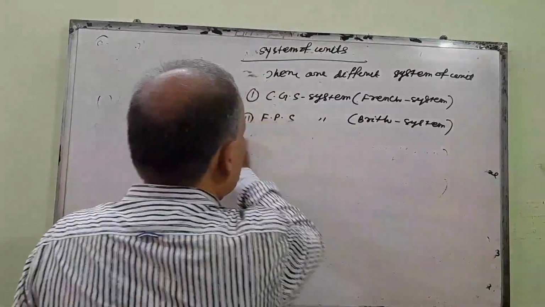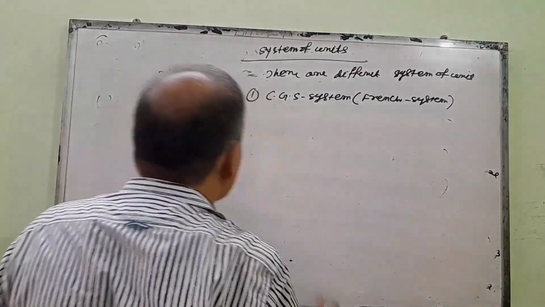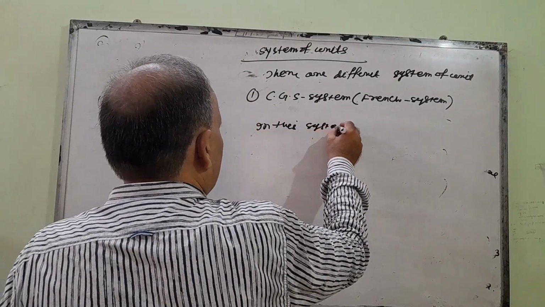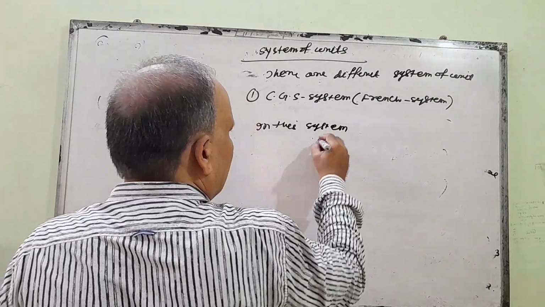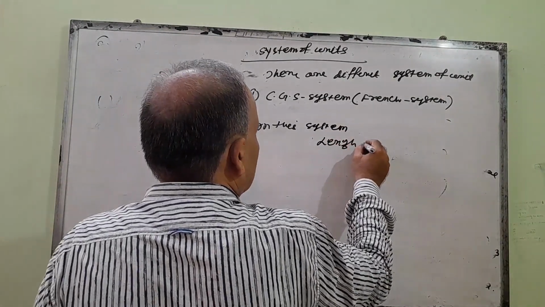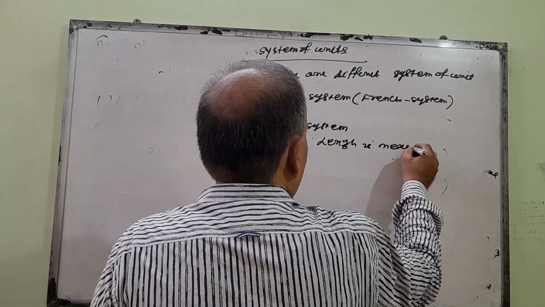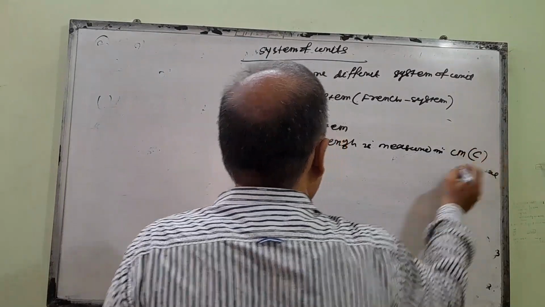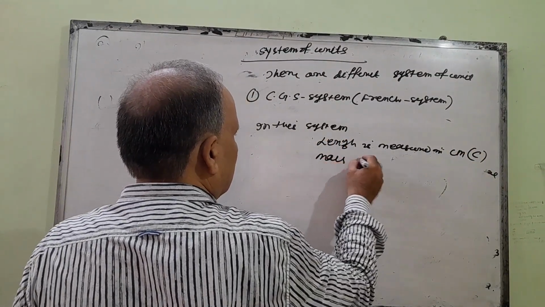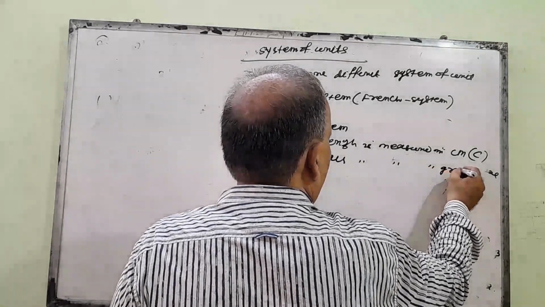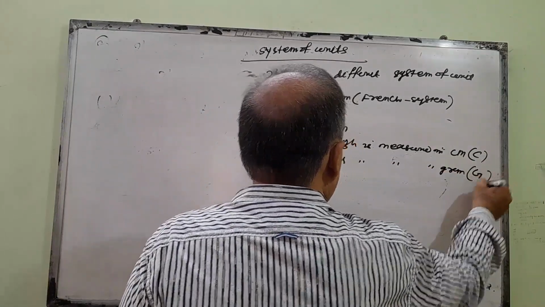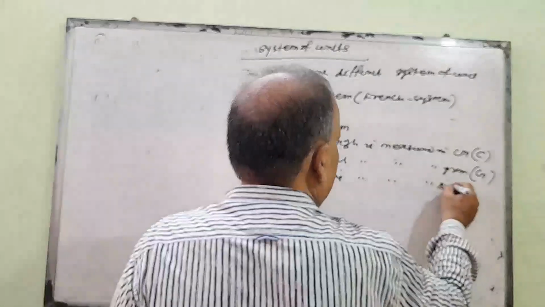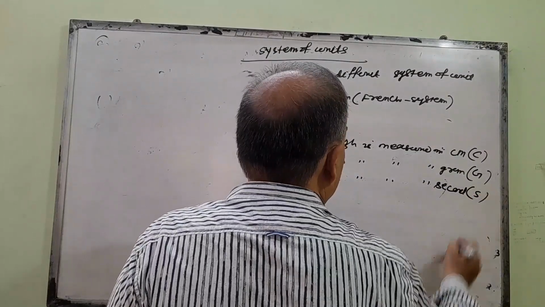First you see the CGS system. In this system, length is measured in centimeter, that is C. Mass is measured in gram, that is G, and time is measured in second, that is S. So it is called CGS system.